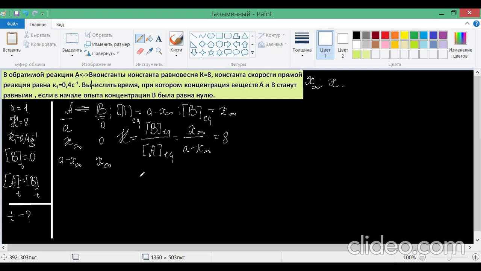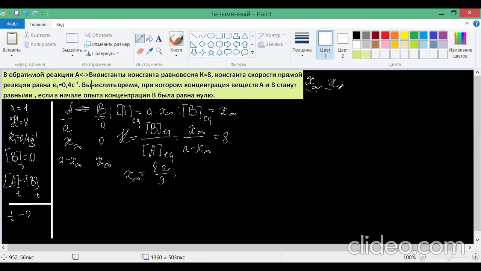And we can express X equilibrium through A from this expression, and it's equal to 8 times A divided by 9. Okay, now we've got X equilibrium.